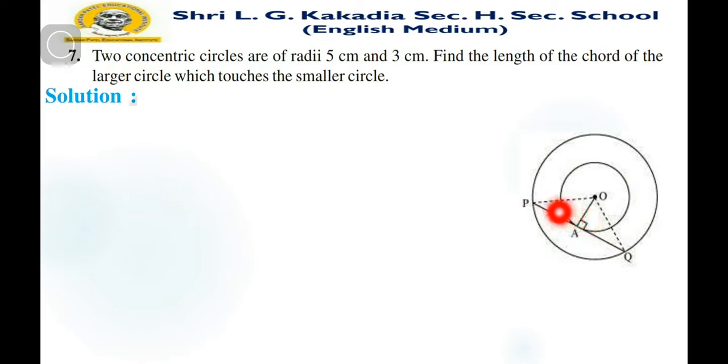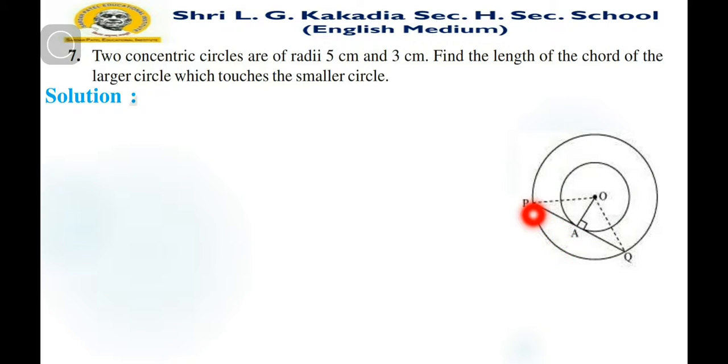chord touches this circle. We know that here PQ is the chord and OA is perpendicular to this PQ because PQ is a tangent to this circle. PQ is tangent to this circle, so it is perpendicular to OA by theorem number 10.1.